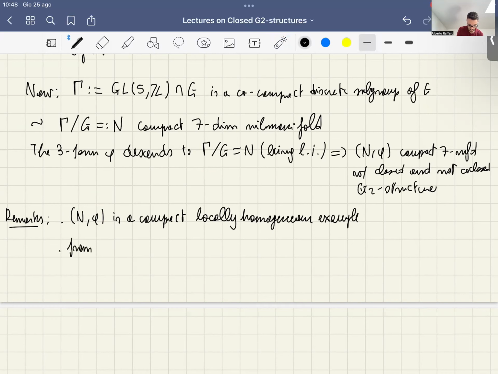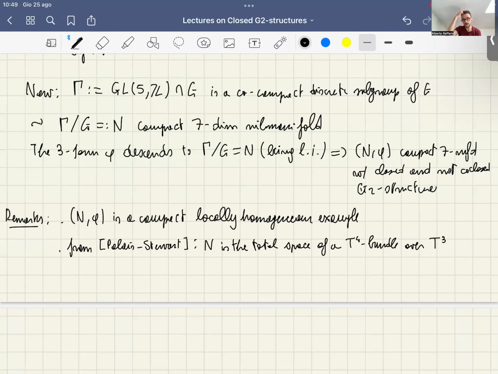Moreover, from a theorem by Palais and Stewart, which goes back to 1960, we know that N is the total space of a T4 bundle over the 3-torus. And this is because the Lie group G is two-step nilpotent.